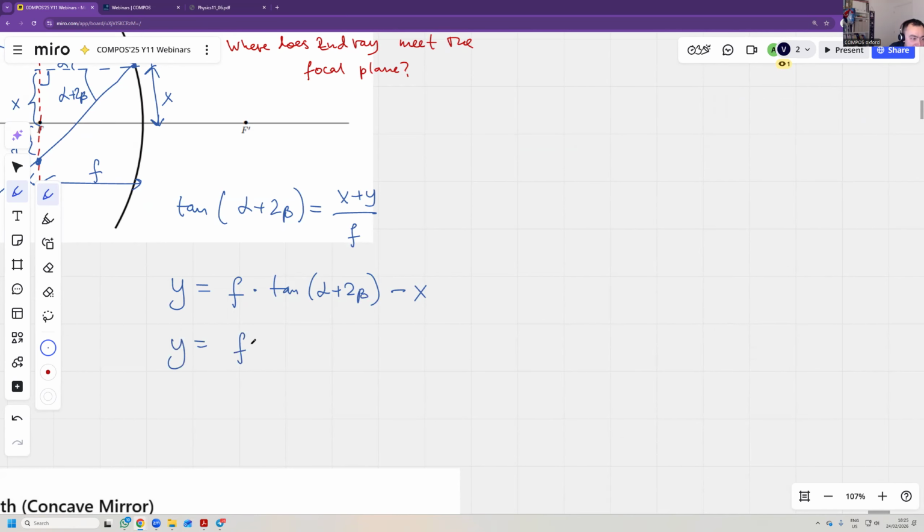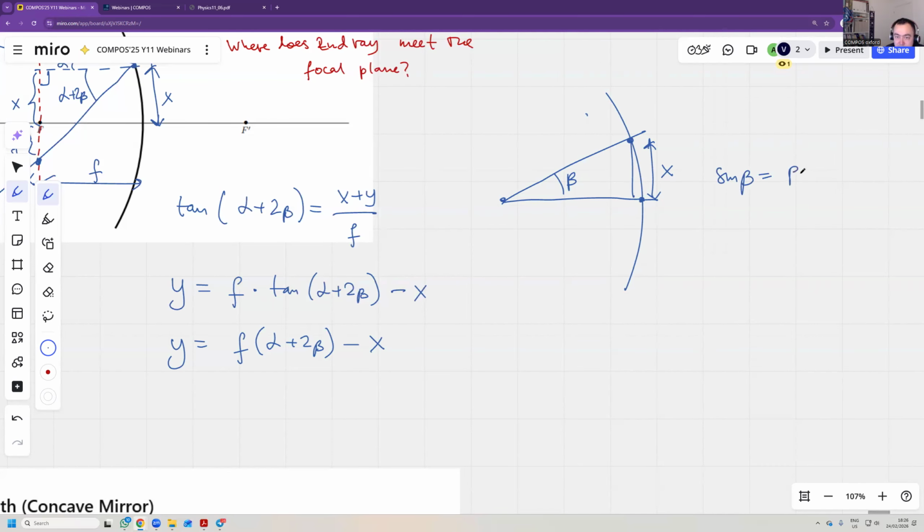So Y equals F multiplied by alpha plus 2 beta minus X. And we've seen previously that for a sphere, if this is X, and if this is beta, then sine beta equals beta, which is equal to X over R, which is X over 2F.